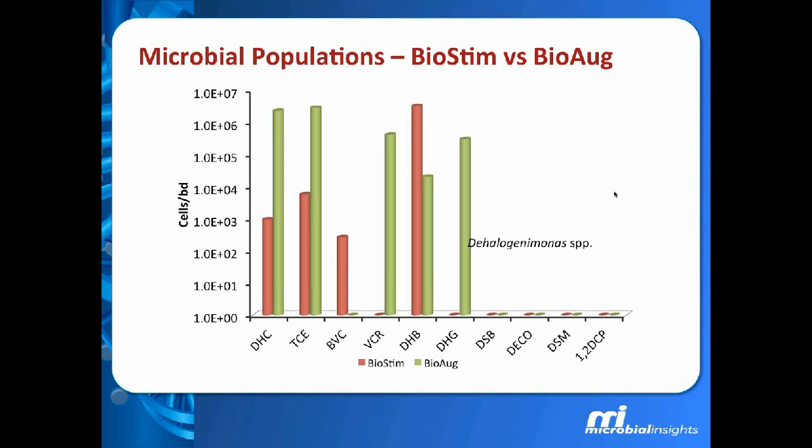It may be that the bioaugmentation culture did not have Dehalobacter in it. So it was just whatever was naturally there that colonized that biotrap during that deployment period. But it obviously had some Dehalogenimonas in that culture because we did not see that in the biostimulation unit or the control unit. We only saw it when the bioaugmentation culture was added.